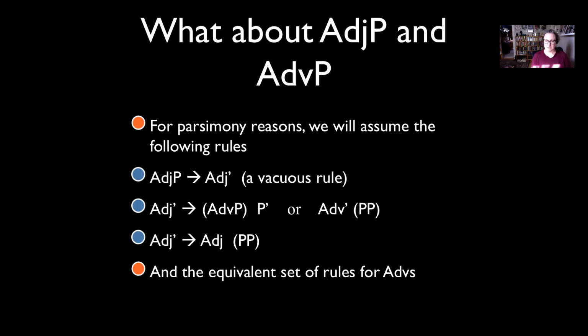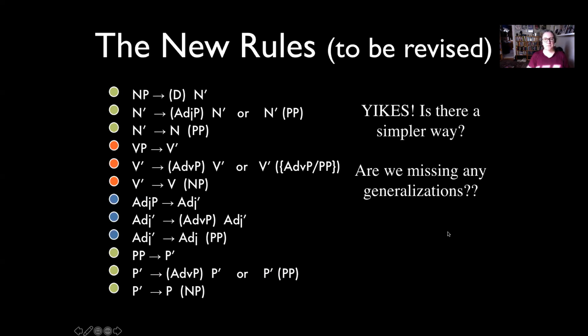Adjective bar will go to adverb phrase and adjective bar, or adjective bar and prepositional phrase, and then adjective consists of an adjective and a prepositional phrase. We actually moved to a place where we just call these APs, and we don't necessarily distinguish between adjective and adverb phrase at the high level. And then there's an equivalent set of rules for adverbs, right? It would look the same but have ABs here.